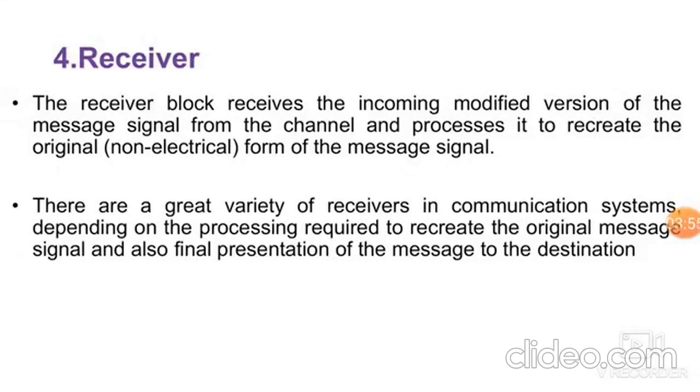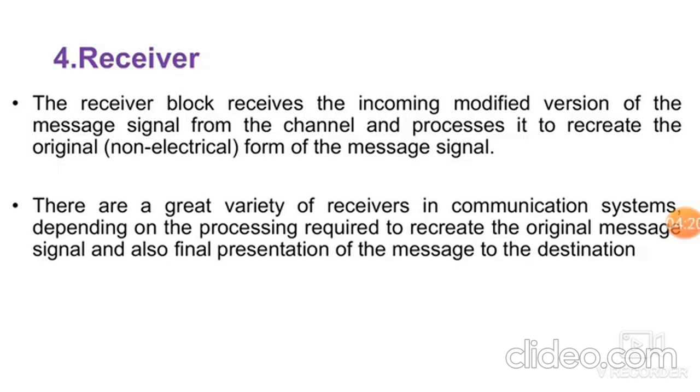The block next to the channel is called the receiver. In this receiver block, demodulation or detection is performed. Whenever the modulating signal is discrete, digital modulation techniques are used.